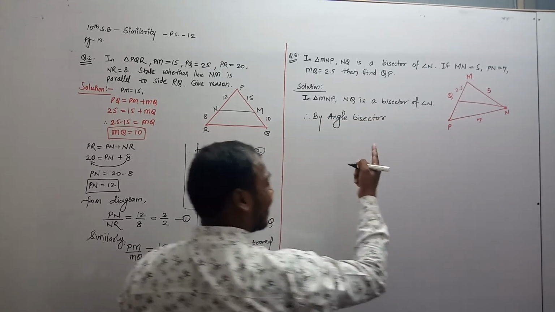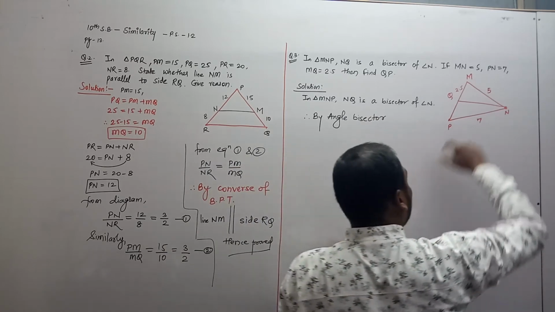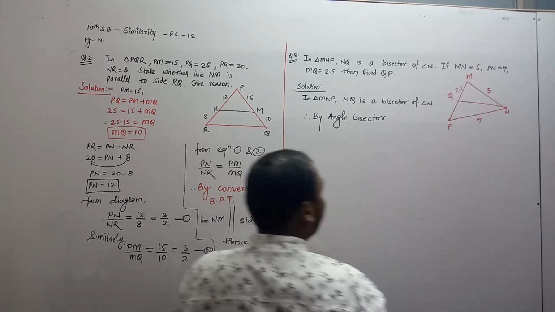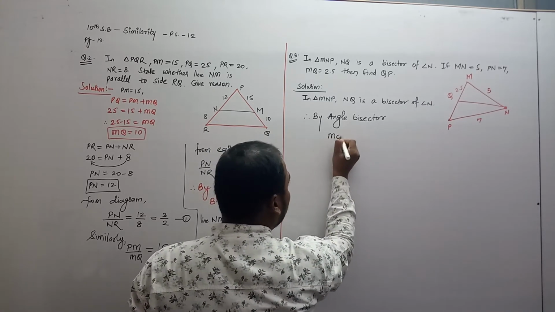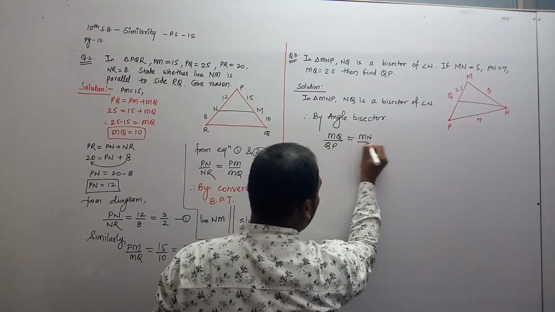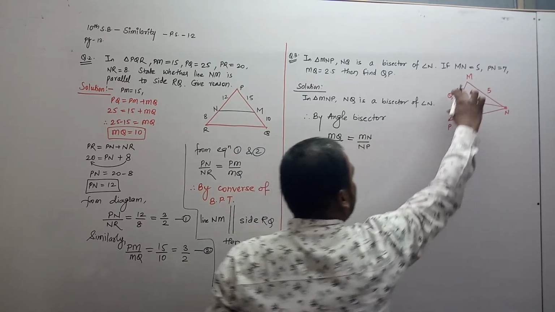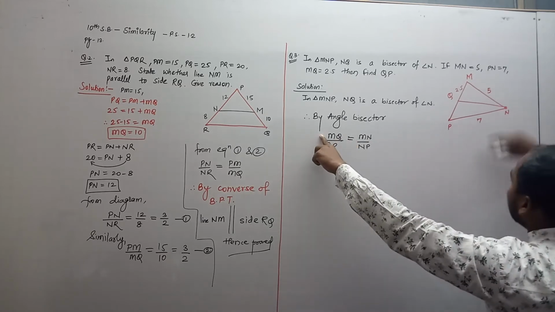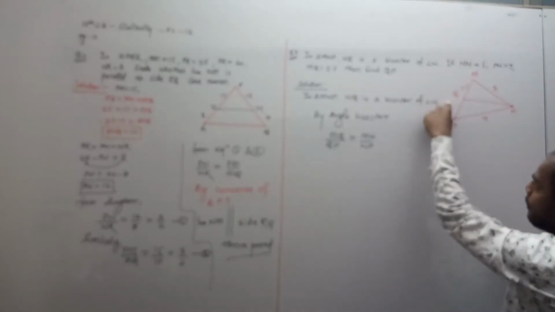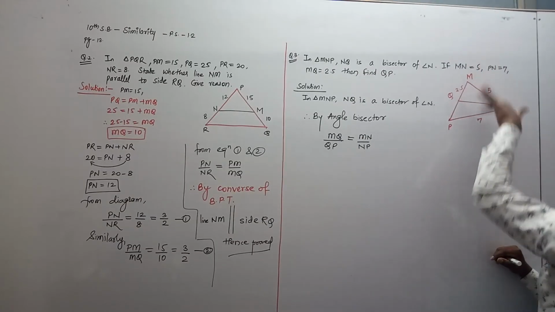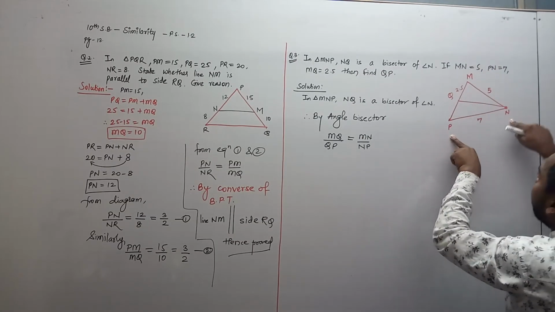Therefore, by the angle bisector theorem, I told you all that if we are taking M as a vertex, we write MQ divided by QP, and that ratio equals MN divided by NP. We have started from point M, so both ratios start from point M. We write the second ratio as MN divided by NP, not PN divided by NM.